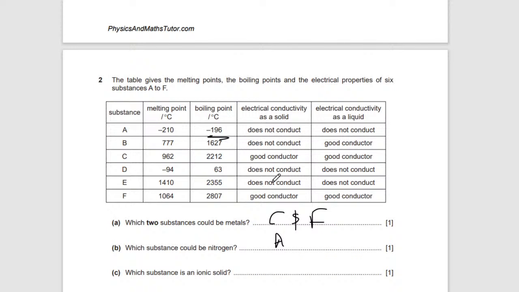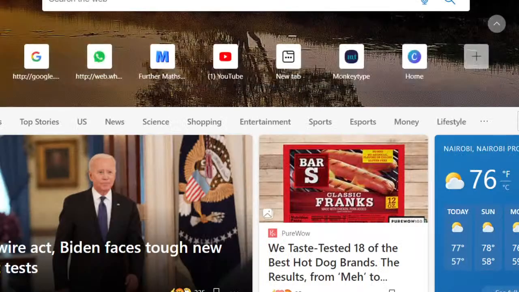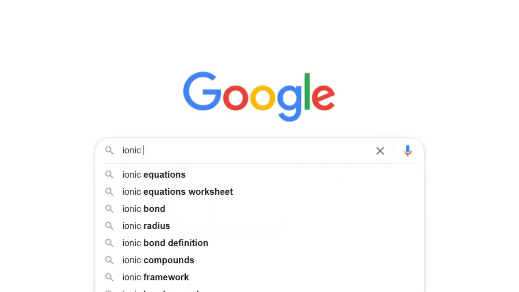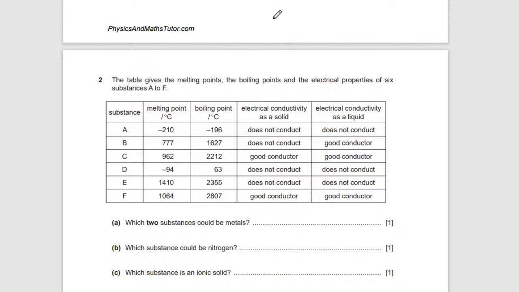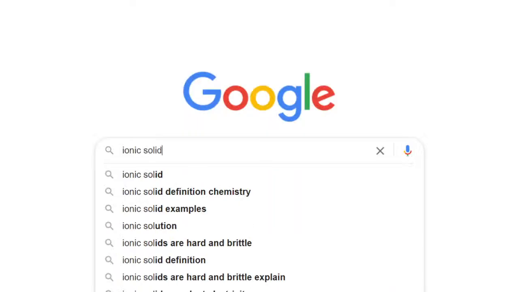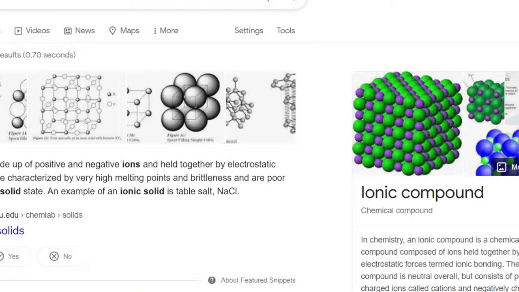And it says which substance is an ionic solid. Ionic solid. First of all, ionic solid simply means, let's search this, and I can give you a proper definition. Hopefully you guys can see this.